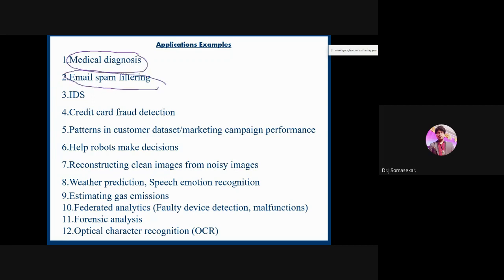Medical diagnosis means we consider the symptoms from the patient, and then we classify whether he has fever or not, positive or negative, or maybe cancer, what type of cancer he has, whether non-cancer or another type of cancer. We can do that using a Naive Bayes classifier.